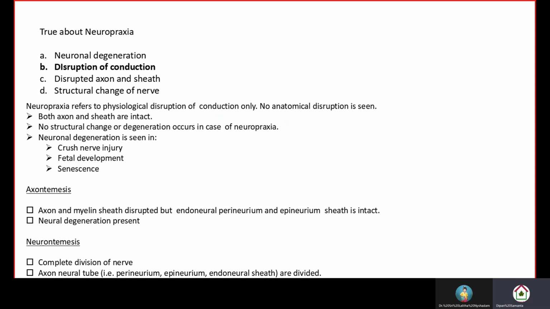It refers to physiological disruption of conduction only. There will be no anatomical abnormality. Always remember, in neuropraxia, no anatomical abnormality or disruption.